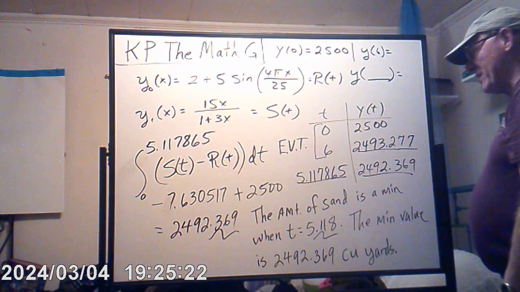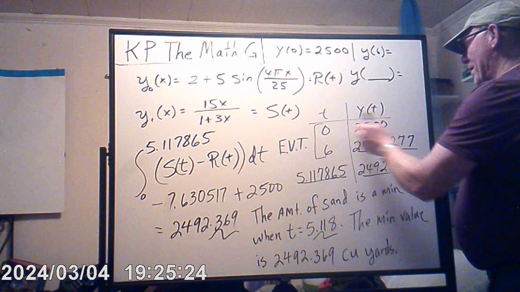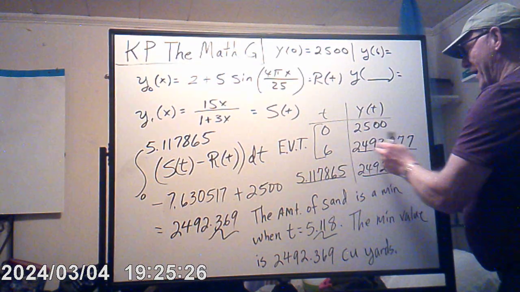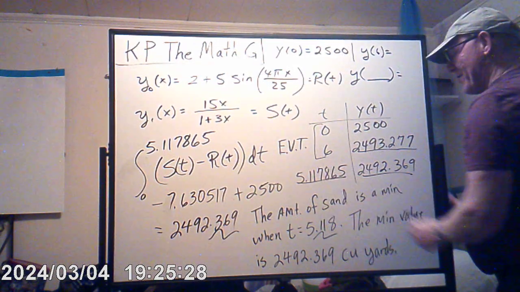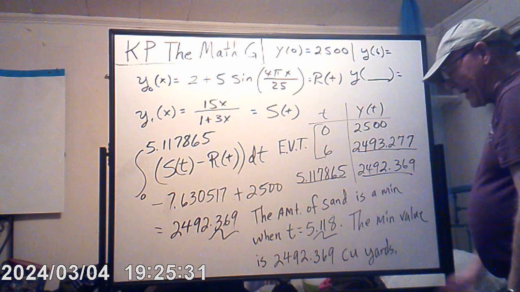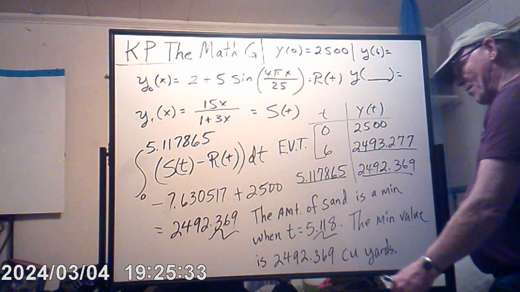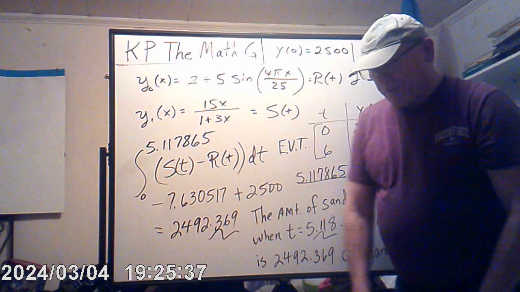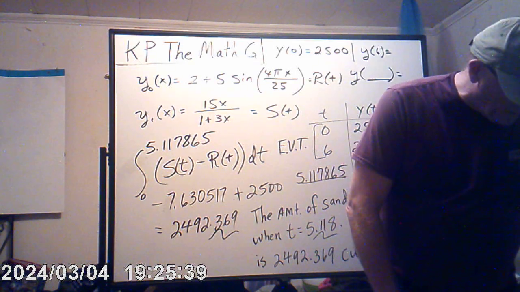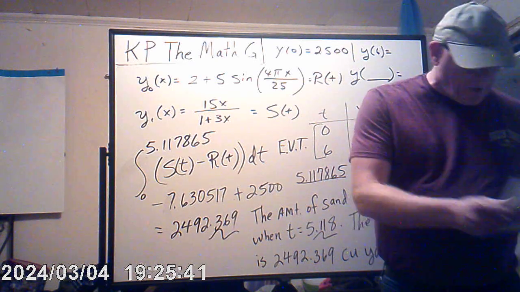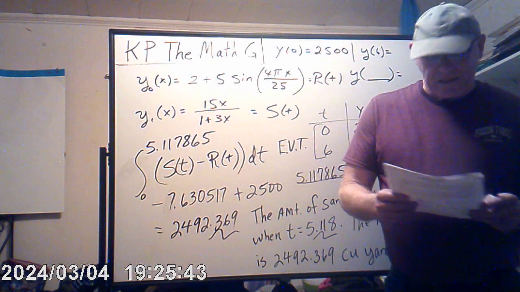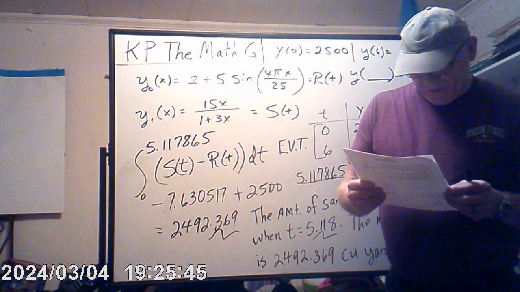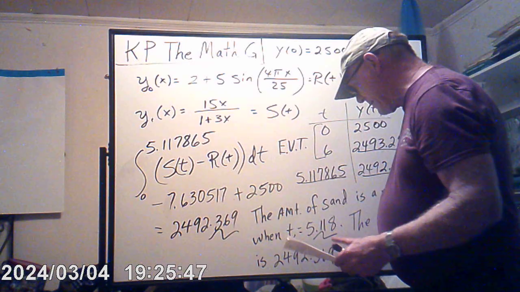You can't just do the critical number. You already had 0, you had to find 6, you had to find 5.118, which is somewhere around that amount of cubic yards of sand. Okay, that's reached the minimum at t equals 5.118.